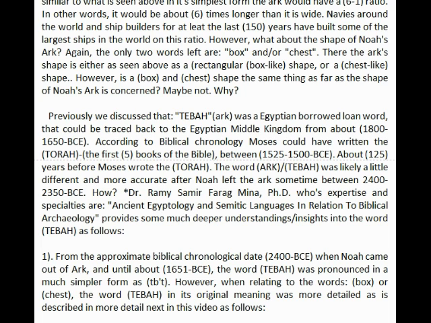The word ark, Tebah, was likely different. And yet, between the time the first Egyptian world empire formed, possibly sometime after 2350 BCE, then, of course, the word Tebah was different. Here, it was pronounced as simply Tebet.